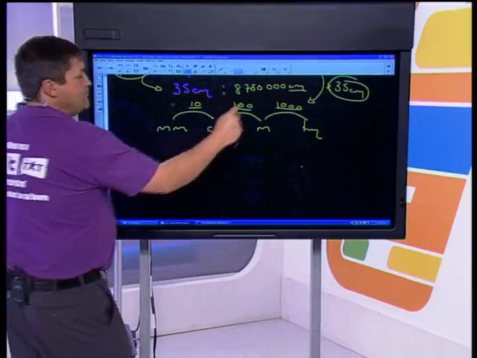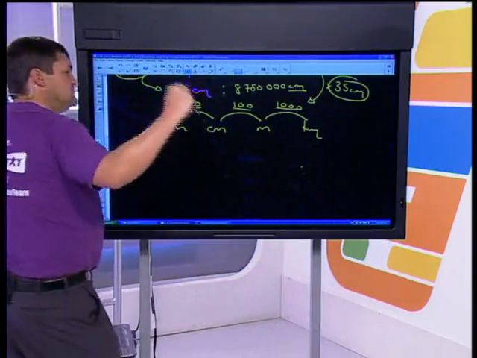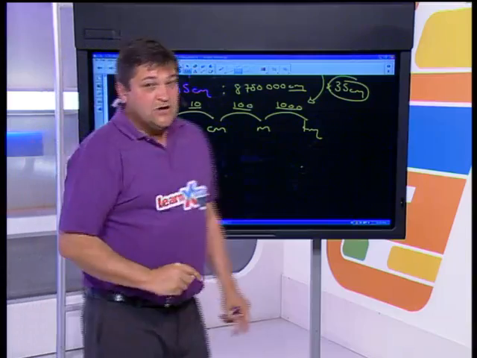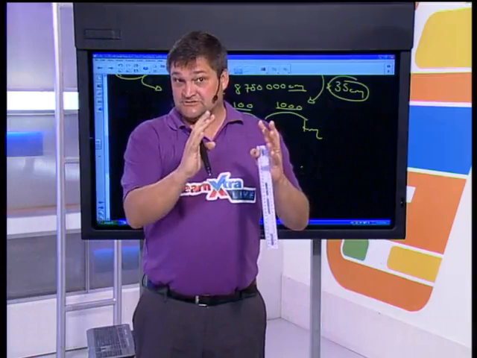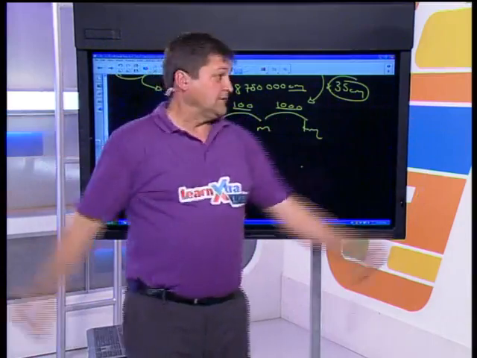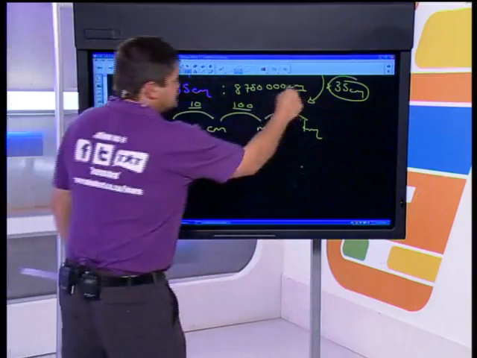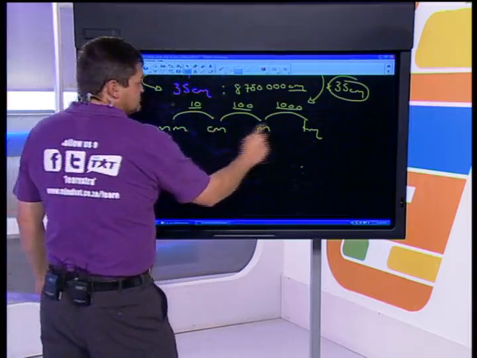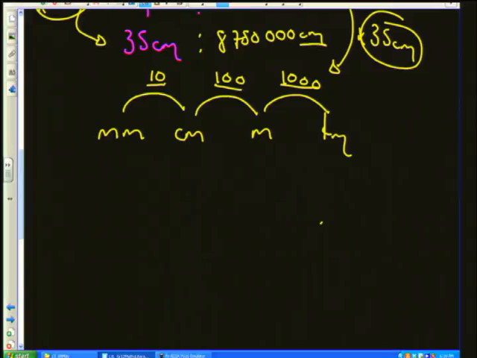Now, we want to change centimeters to kilometers, right? So we know we've got to get smaller because there are fewer kilometers in a centimeter. From centimeters to kilometers, there's 100,000.